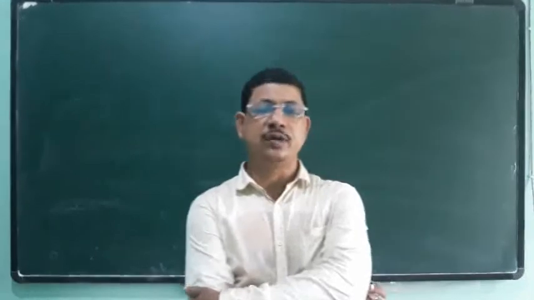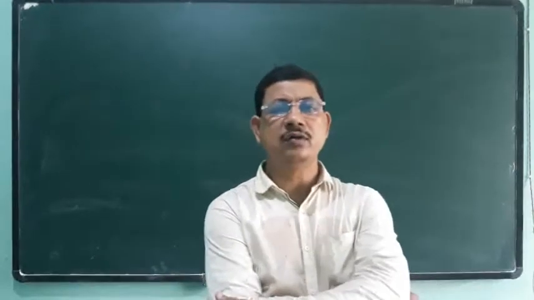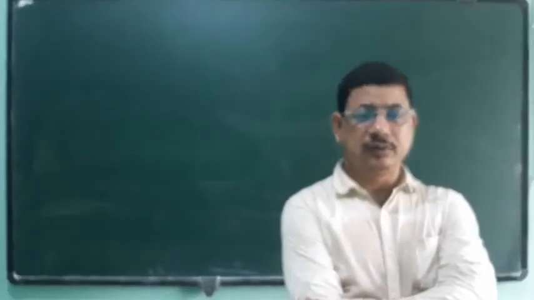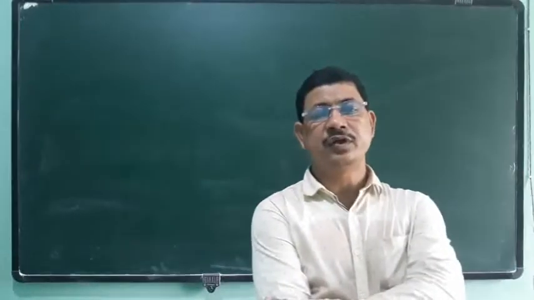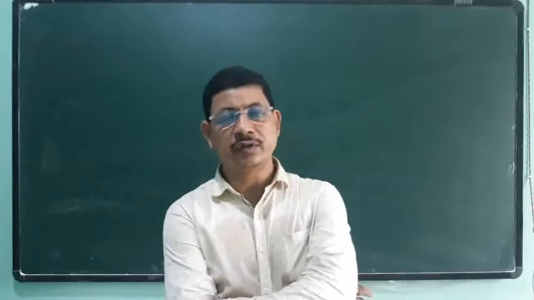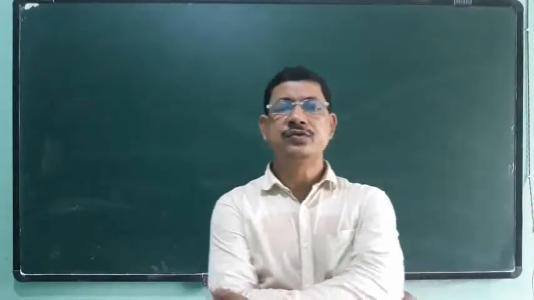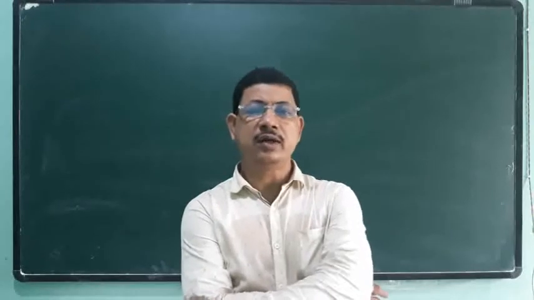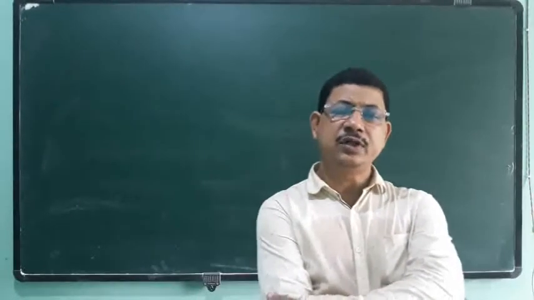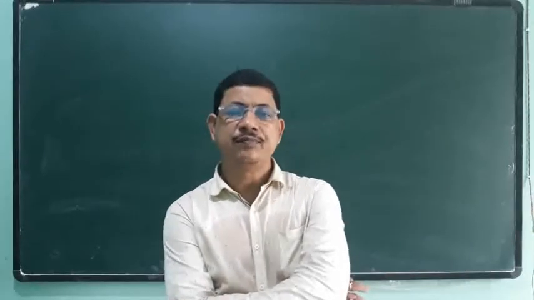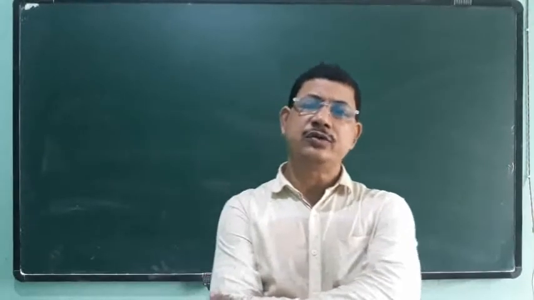Central tendency can be calculated. That is already done in our classes 9, 10, 11. Now you also know how to measure the central tendency. There are so many ways we can measure. It is by arithmetic mean, which we generally call average. Then geometric mean, then harmonic mean is also there.